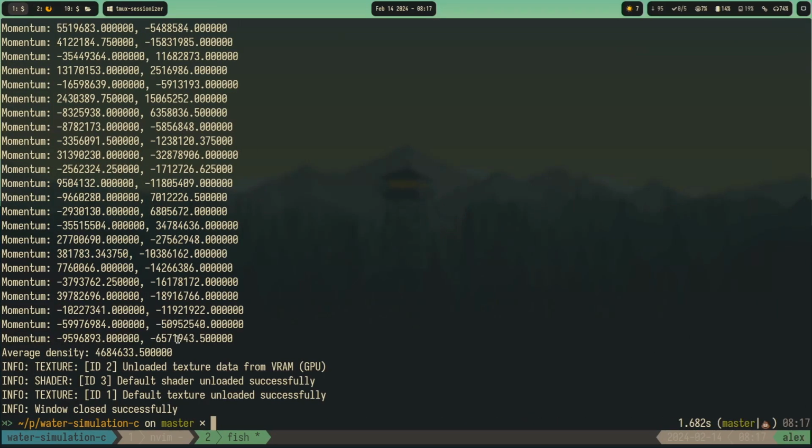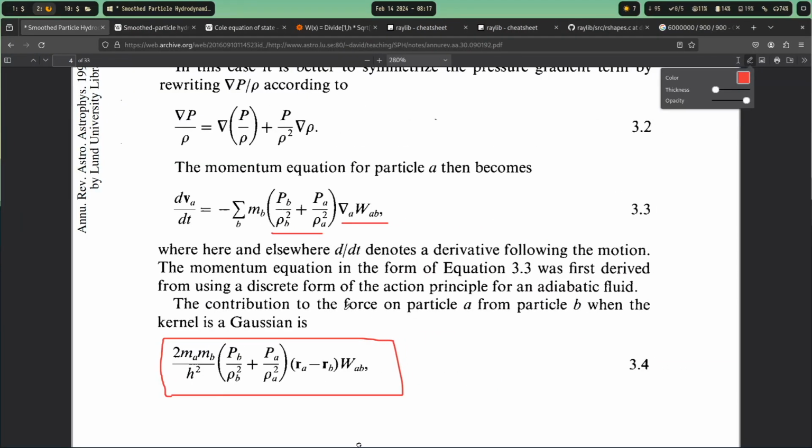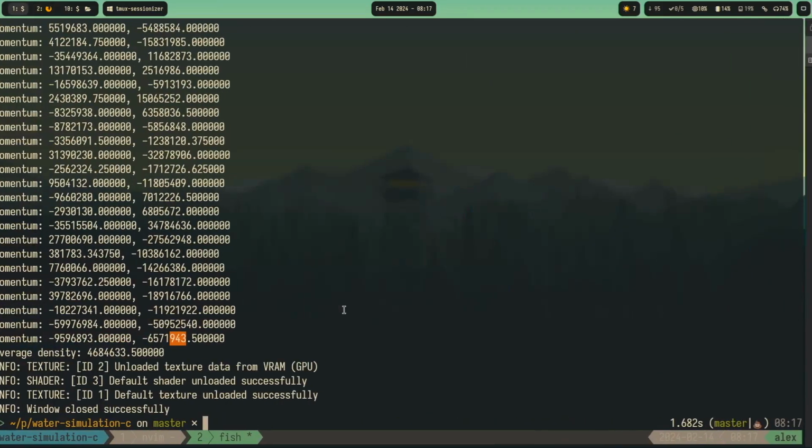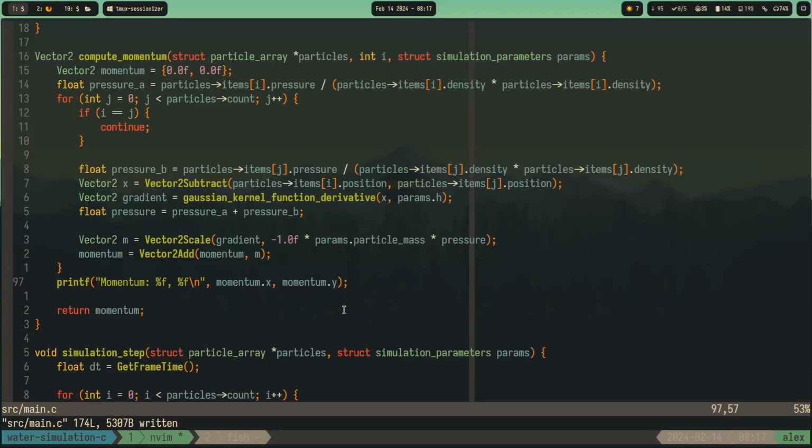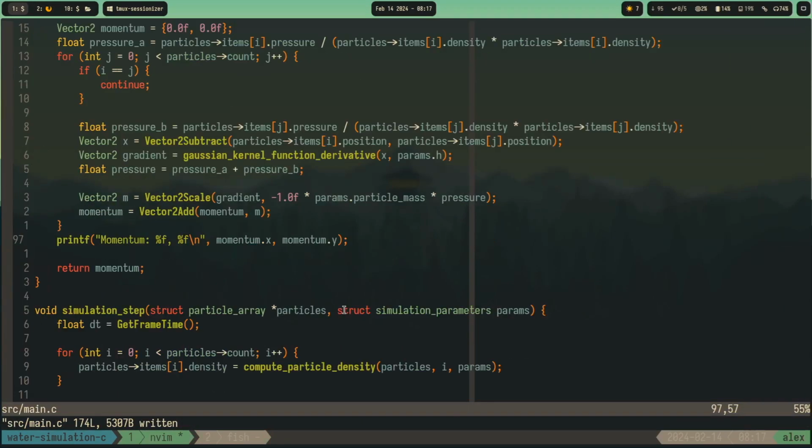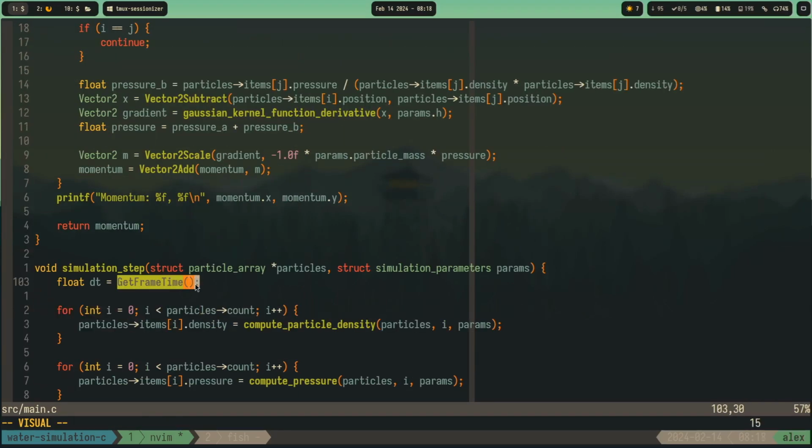So even if we divide by density, it's still huge. Maybe the delta time is not that great. Maybe we need to set the delta time ourselves to something really small.